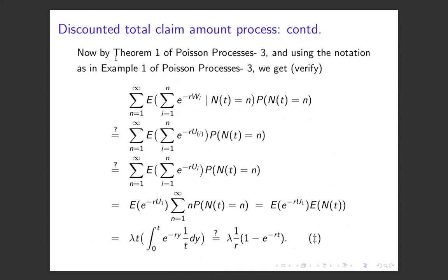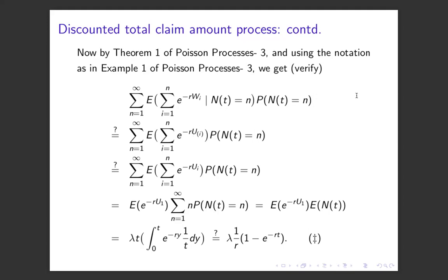Now we are using that theorem. This is the theorem which connects the Poisson process with order statistics of uniformly distributed random variables. And we also use the notation as in example 1 of Poisson process 3, concerning these Ui's.